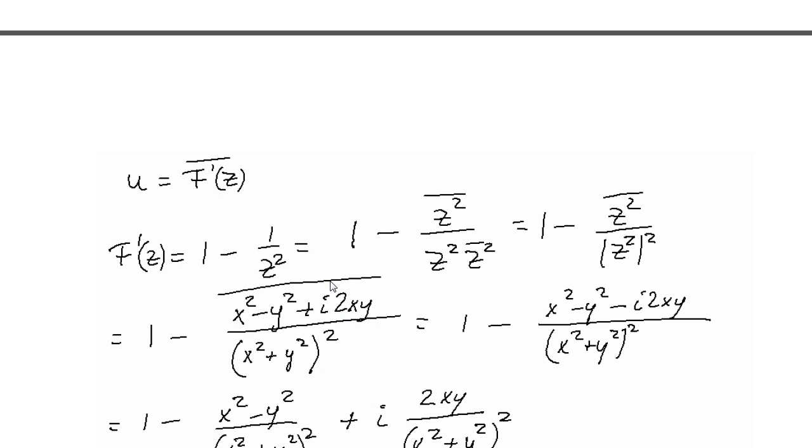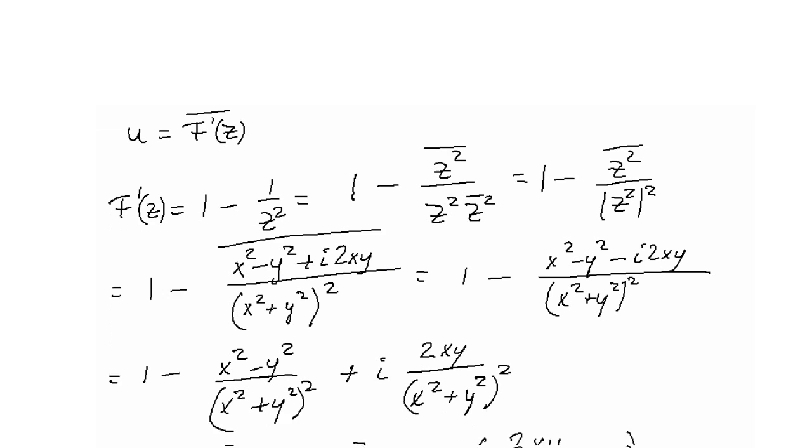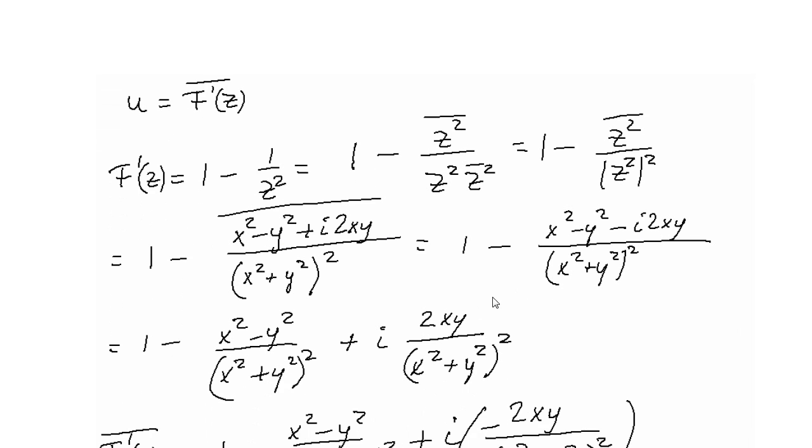So taking the conjugate of this, we obtain this. So here we can do some elementary manipulations. We know that this is the real part, and this is the imaginary part with this minus inserted.